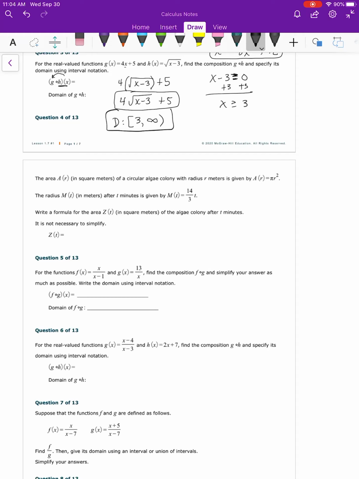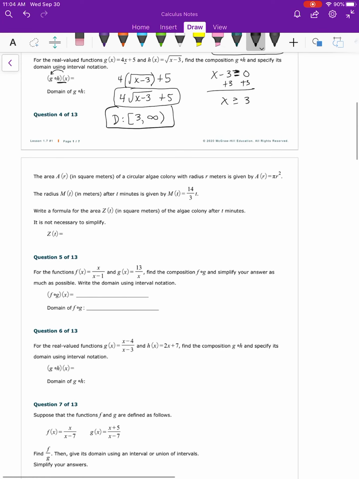Okay, so your z of t, which is basically you're putting, because they're saying that the radius here is m of t. So this right here is r. So you're going to put that in for r up here. So this is going to be pi times 14/3 t squared, because we just put that in for r.